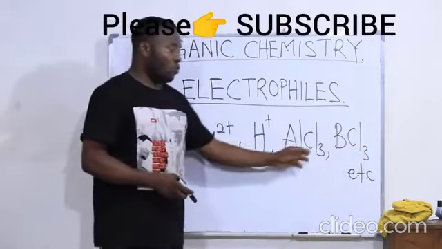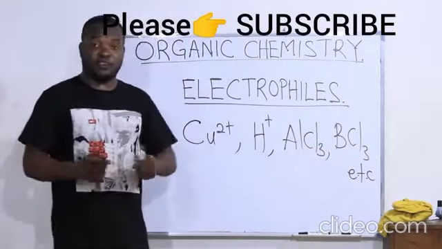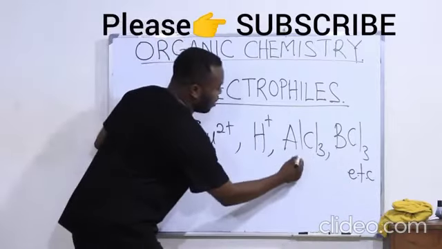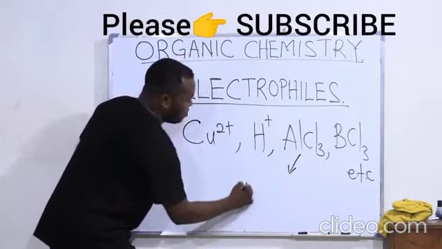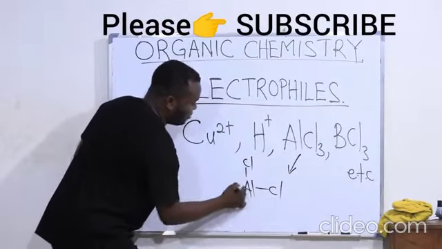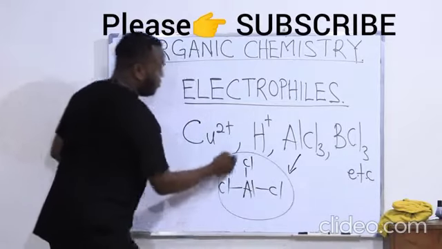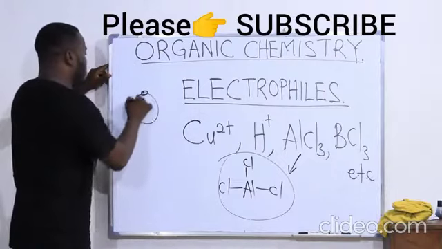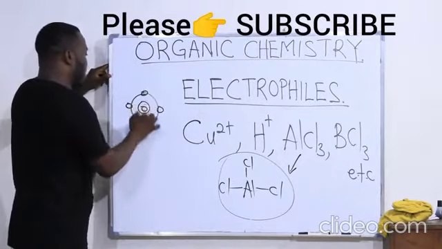If I draw the structure of this, you will see what makes it an electrophile. Let me use this rough sketch to show you. In aluminum trichloride, aluminum is the central atom, while we have 3 chlorines surrounding it like this. The outermost shell of aluminum has 3 electrons.